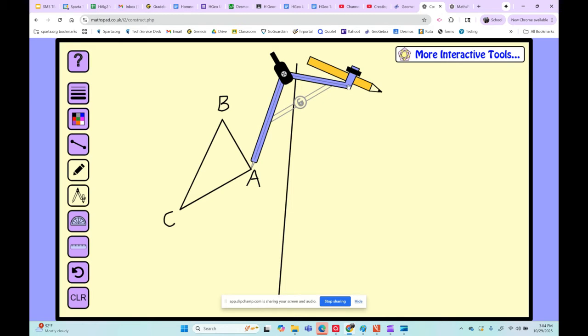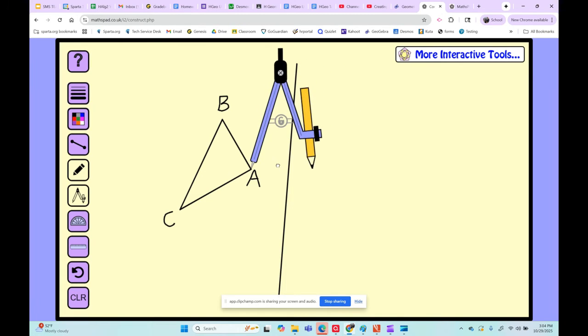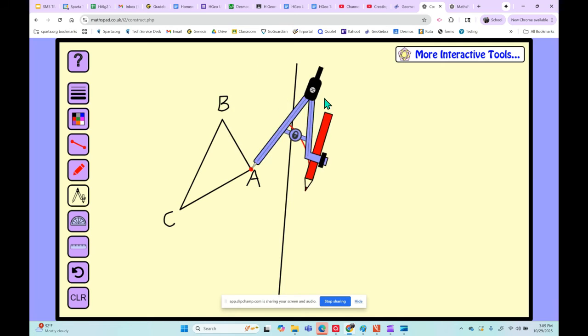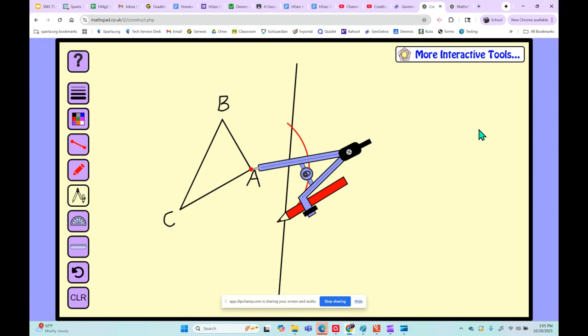I think I'm going to make this compass a little bit more narrow. Make arcs that will cross both sides of the line at 2 points. So I'm going to lock this. We'll do this first construction in red. So here we go. There's 2 points. Okay, great. I got that now.